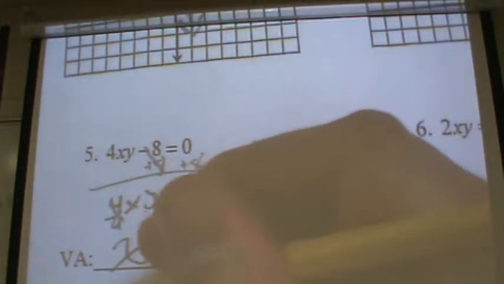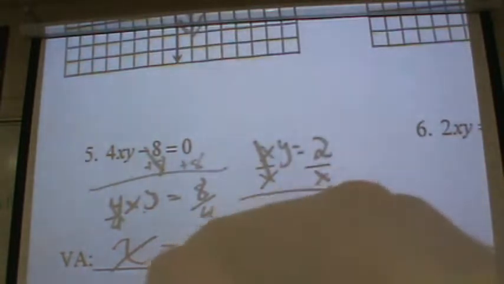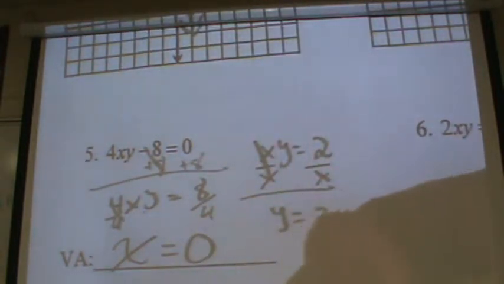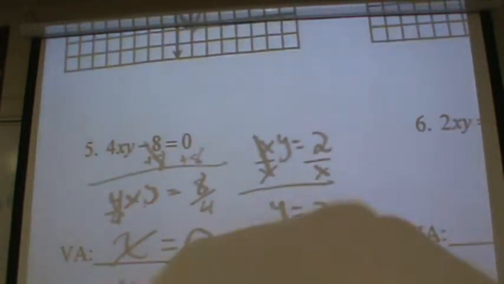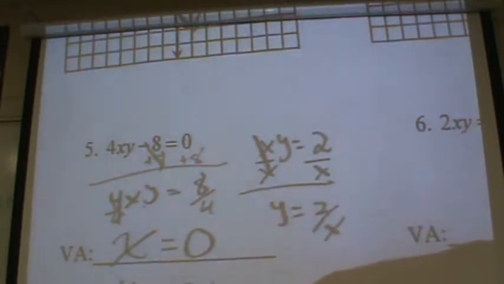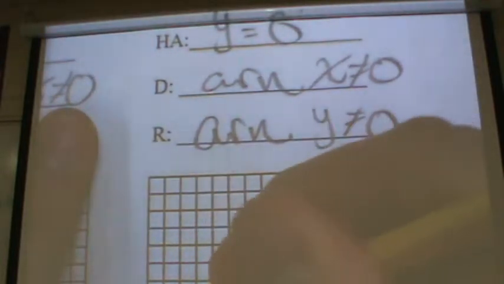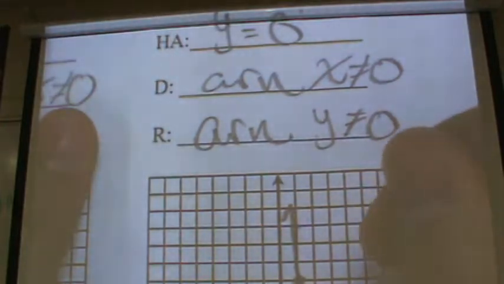X is going to equal 0. Y is going to equal 0. Domain: all real numbers, x cannot equal 0. Range: all real numbers, y cannot equal 0. Good. This one, 1 over 2, over 2 over 1. Just like that, the asymptote.